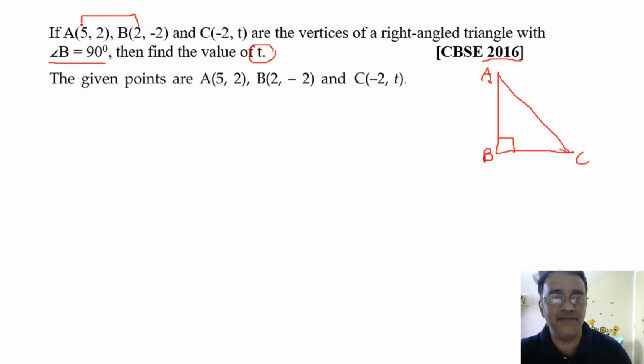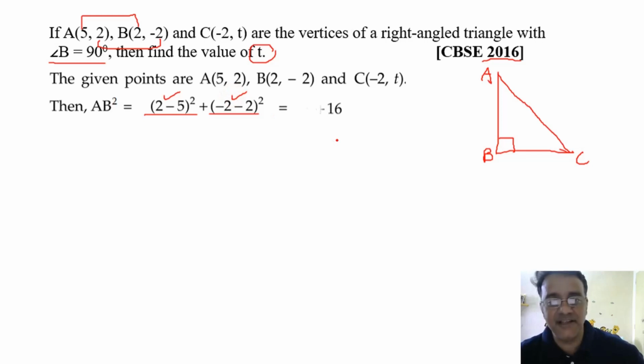So 2 minus 5 whole square plus minus 2 whole square. This is clear? So what will we get for the first one? 9, 16. 9 plus 16, 25. So we got AB square. Now next BC square.